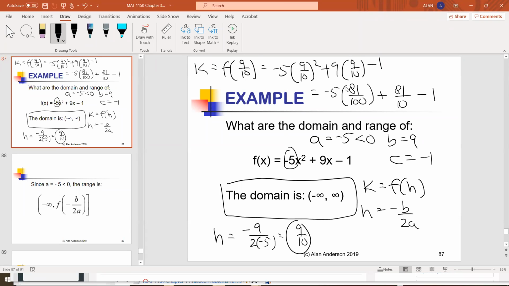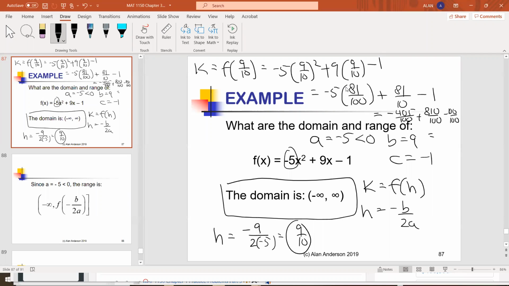I'm getting terribly low on space here, but let's turn these all into 100s. So we'll have minus 405/100 plus 810/100 minus 100/100. Ooh, boy, this is a tough one.